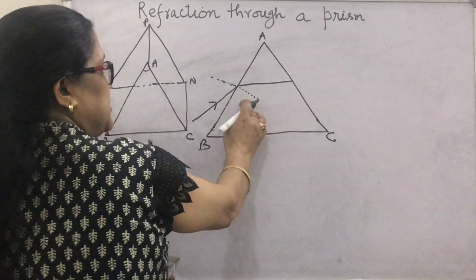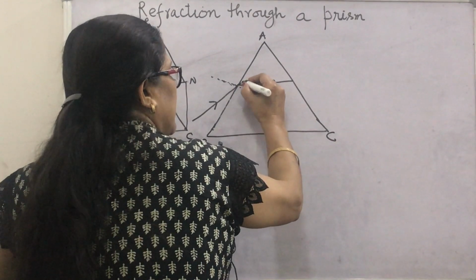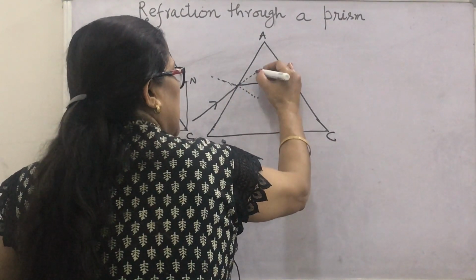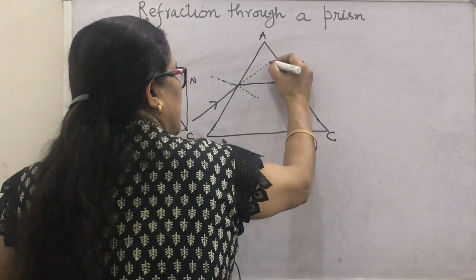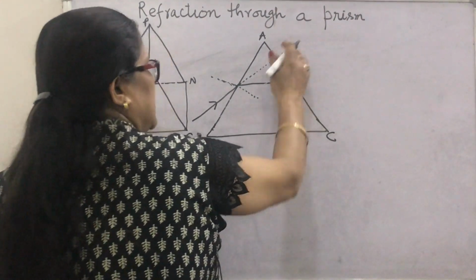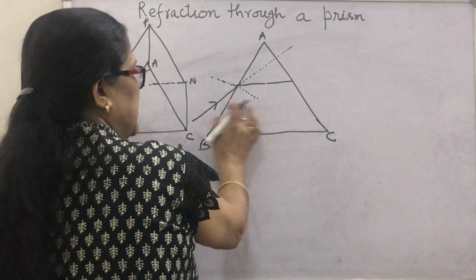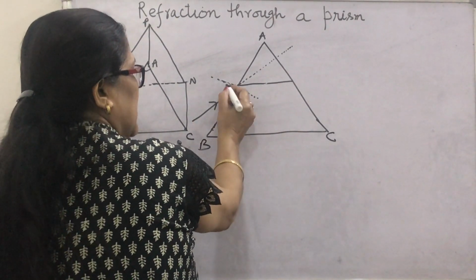If there is no change of medium, how will the light ray go? The light ray will go straight, and this would have been the path of light in absence of glass or any changed medium.